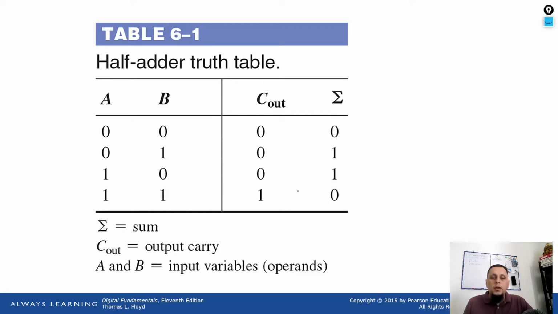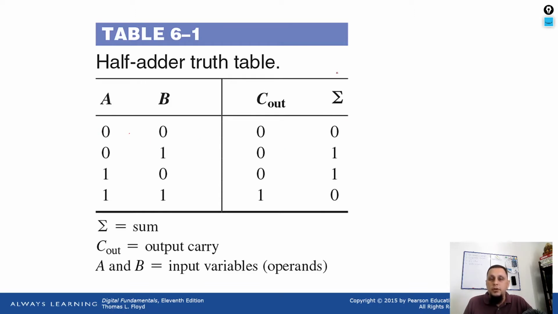Now let's look at the truth table for this adder. We have two inputs and two outputs. Let's analyze this. First of all, we have the inputs A and B, and we are just doing A plus B. When A is 0 and B is 0, the output will be equal to 0.